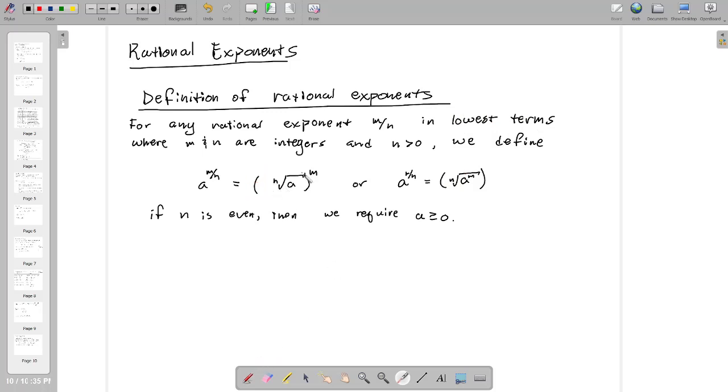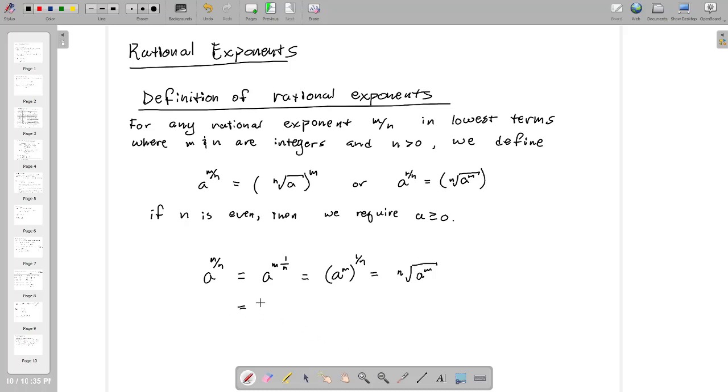Note that we can write it this way or that way, using a rule of exponents. a to the m over n is equal to a to the m times 1 over n, which is the same as a to the m to the 1 over n, which becomes the nth root of a to the m.